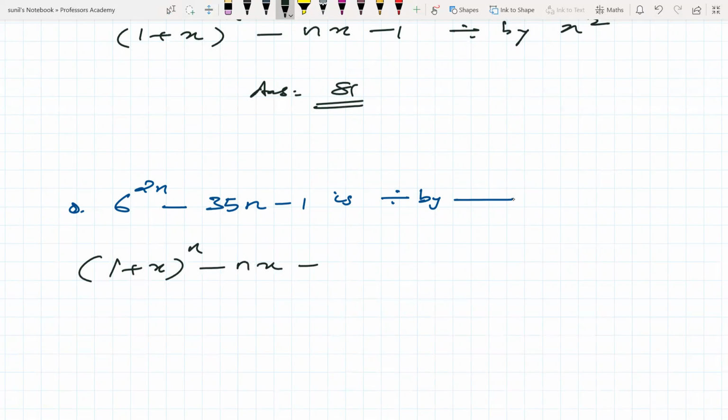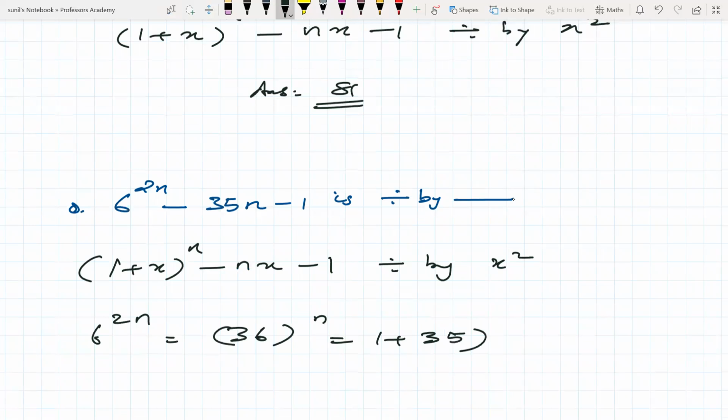Minus nx minus 1 is divisible by x square. This is the concept we want to use. So 6 power 2n. Let me write it. This is 6 square, 36 power n. Or we can write 1 plus 35 power n. So you see here that x becomes 35 only.